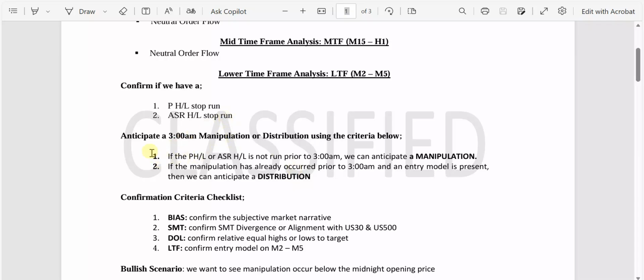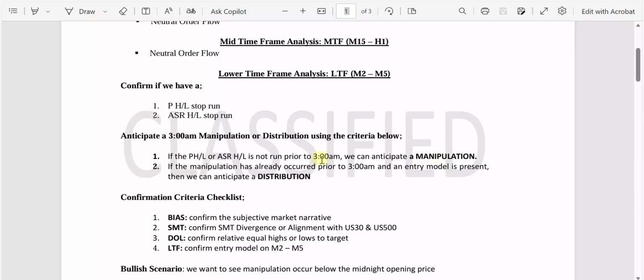So in point number one, I'm going to try to explain how to identify a manipulation, because if you can anticipate a manipulation or a distribution, then you can position yourself to participate in the environment. So let's begin with how we can anticipate a manipulation.